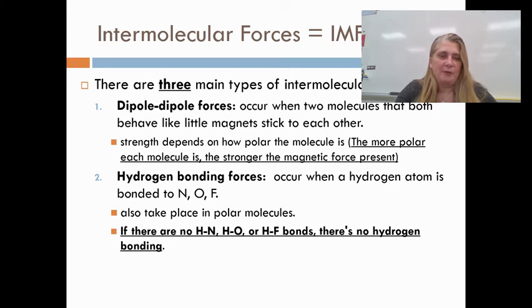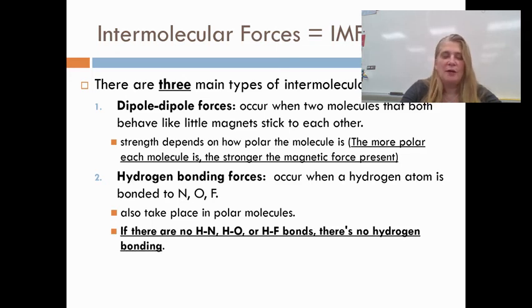So dipole-dipole forces occur when you have polar covalent molecules next to each other. It doesn't have to be the same polar covalent molecule. A special kind of dipole-dipole is hydrogen bonding. Remember, hydrogen bonding is fun, F-O-N. So it is nitrogen, oxygen, or fluorine bonded to hydrogens.